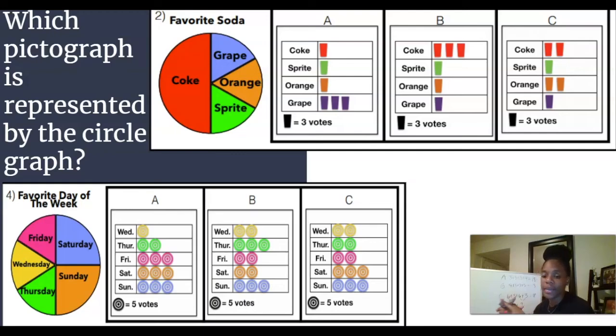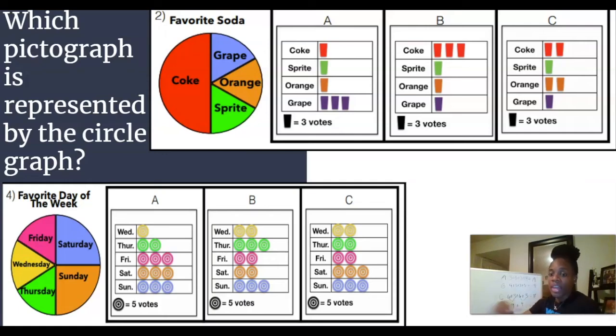That's all fine and dandy. But what we have to pay attention to is each individual one and how much they take up of the circle. If all 3 of these come out to be 18, we have to take half of the favorite sodas votes and put that towards the Coca-Cola.